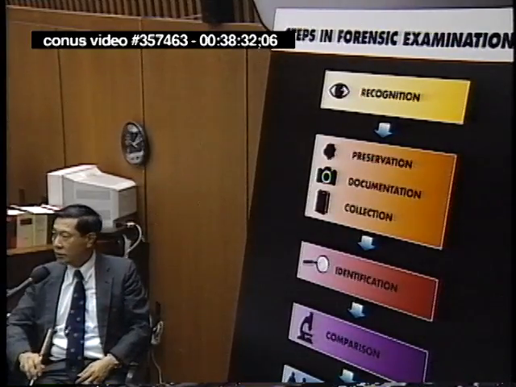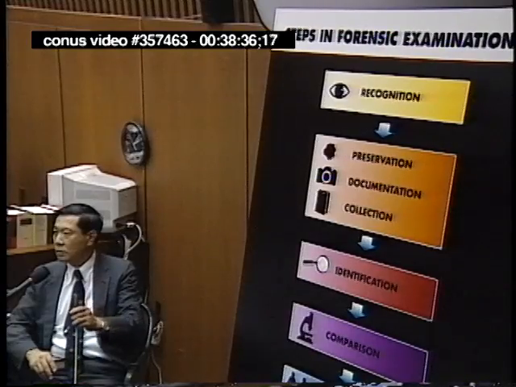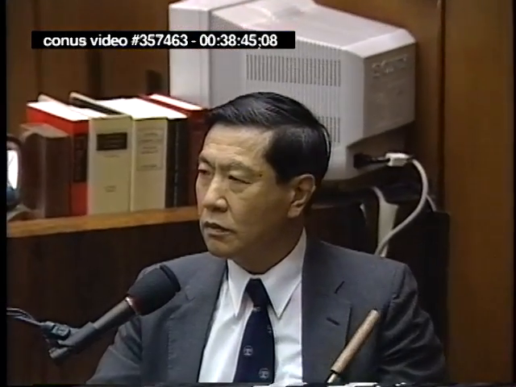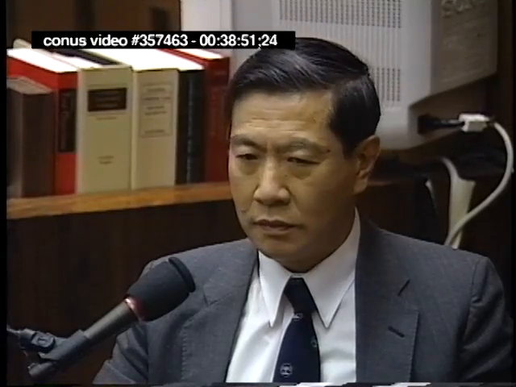This is an order. All right, why don't you ask him category by category, Mr. Scheck? Yes. First, with respect to recognition, when you're saying that that's the most important step, for example, you discussed briefly yesterday how one can go about identifying latent footprints. Do you recall that? Yes.